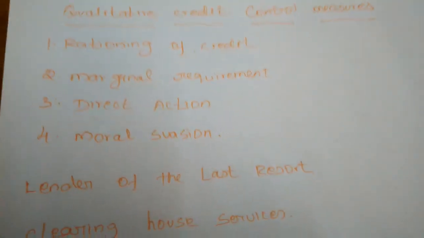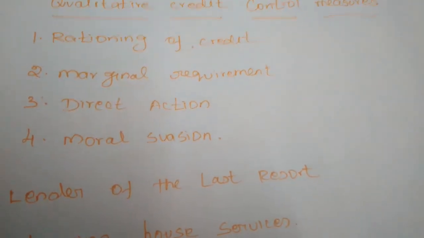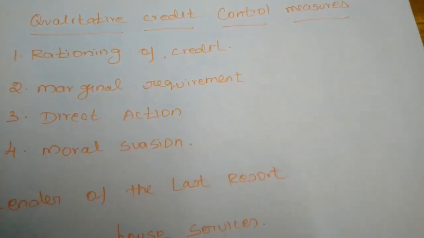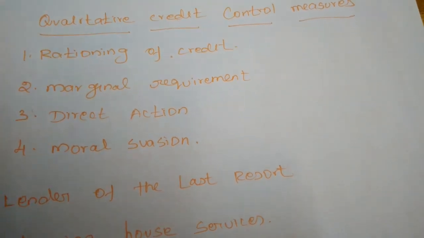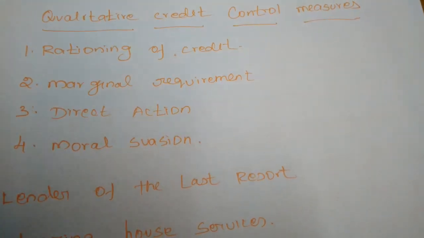In inflation time, the Reserve Bank of India will force the commercial banks to reduce the credit facilities. In deflation time, the RBI will force the commercial banks to be liberal in providing loans.